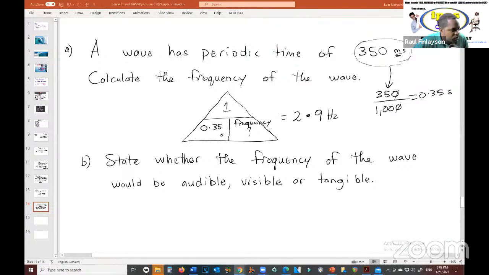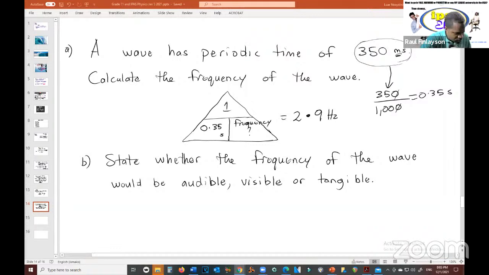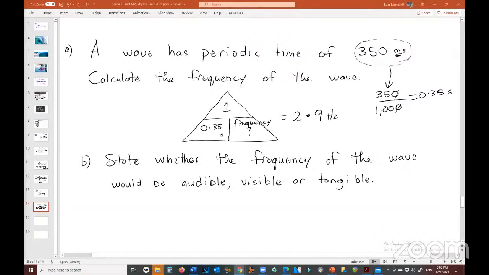All right, so it's 2.9 hertz, and the question says would it be audible, visible? So would it be audible? What is our range of hearing? We can hear up to 20 hertz, okay?